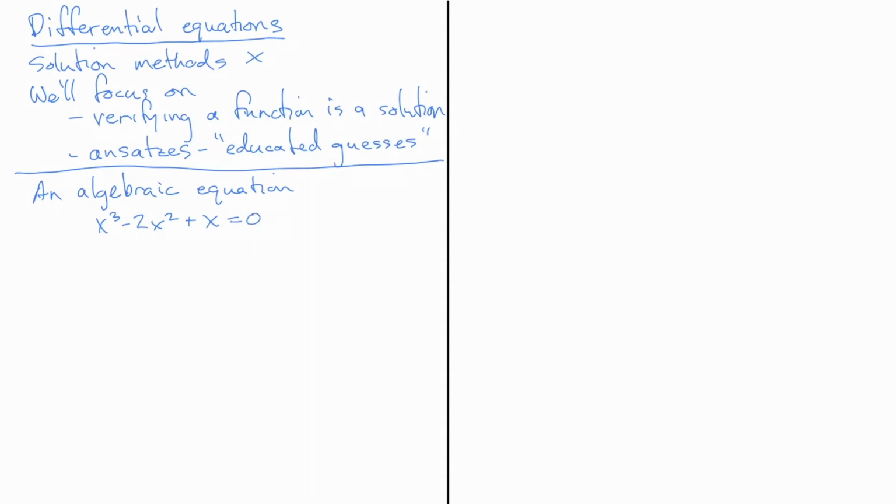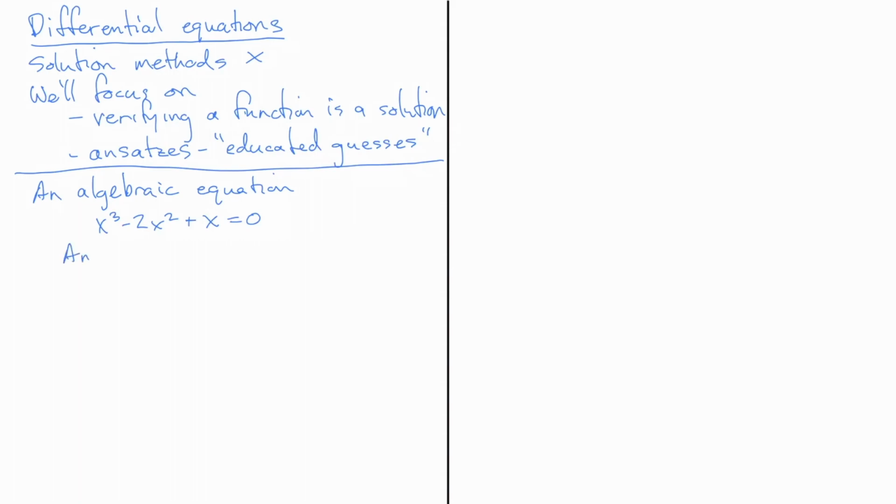We call this an algebraic equation because it's basically an unknown quantity, an unknown number, x, and we have done something to it, multiplied it by itself a few times, and added and subtracted things of this type, and imposed a constraint on it. So multiply the number by itself 3 times, subtract 2 times the number multiplied by itself twice, and then add the number again, and that should come out to 0. So is there an x that makes this work?